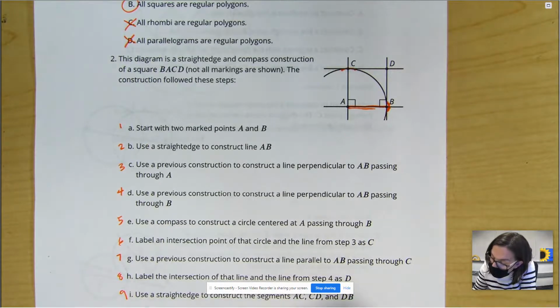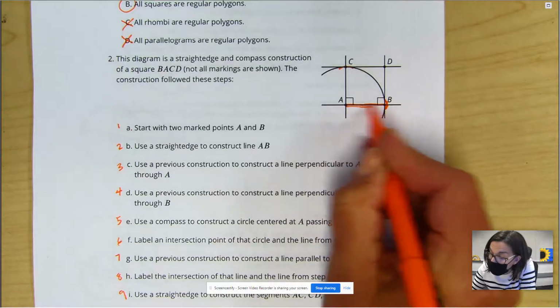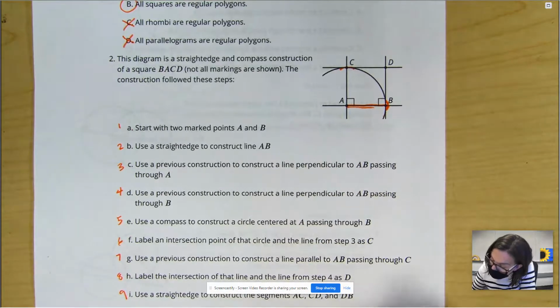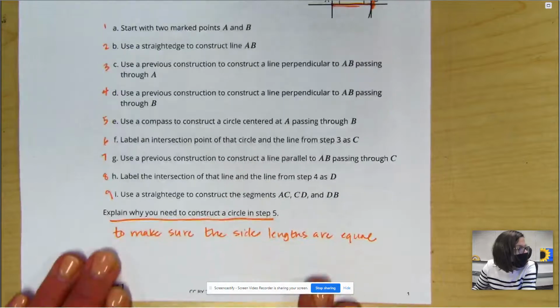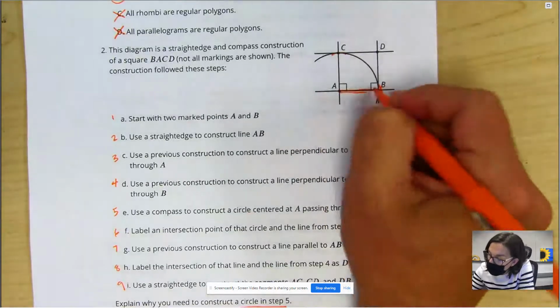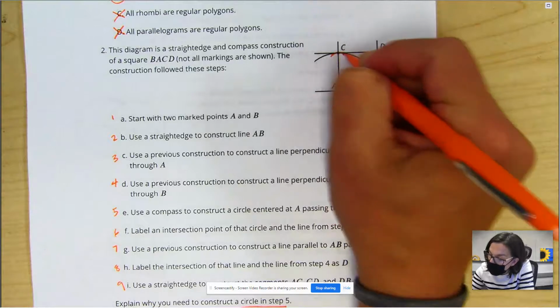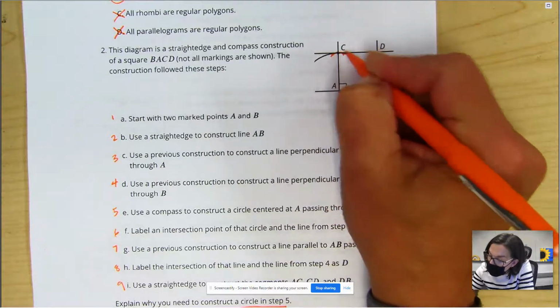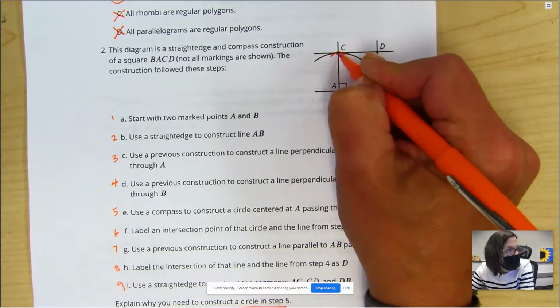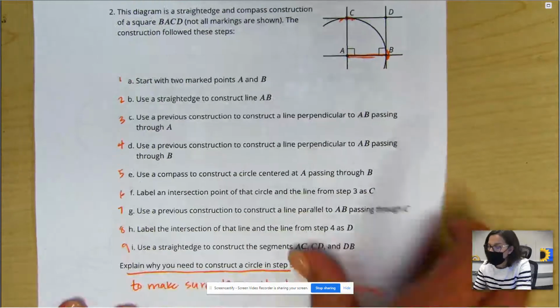So you're setting it to the given segment that was already given to you as the radius. Specifically right here, you're opening it up and then you know where to mark C on this perpendicular line, right? You know where this upper left vertex will be. Okay. All right, moving on.